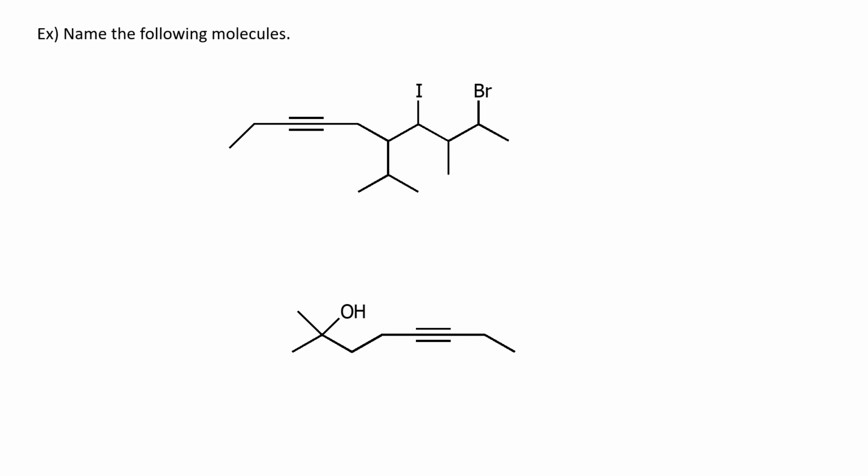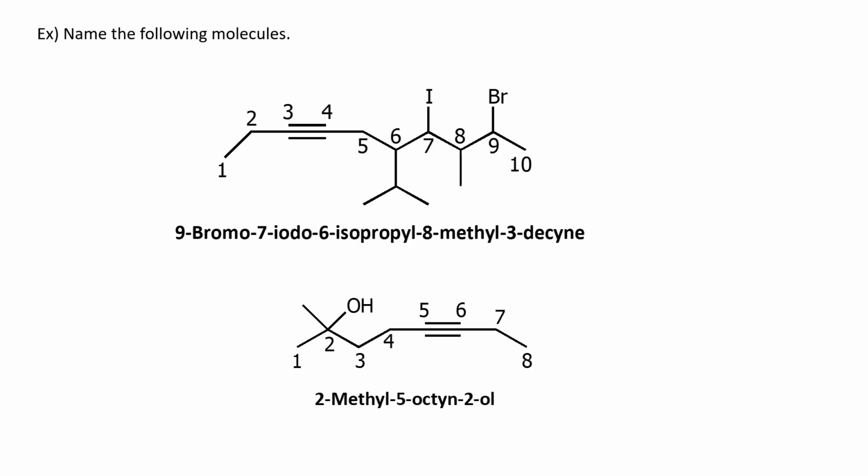Right, so let's take a look at our molecules. These are pretty large molecules with a variety of substituents. So let's look for our longest carbon chain: 1, 2, 3, 4, 5, 6, 7, 8, 9, 10. And when we number this, the alkyne takes priority, so we want to start numbering, giving the alkyne the lowest possible number.